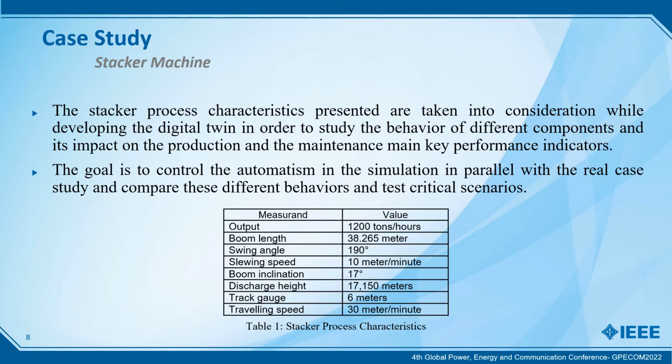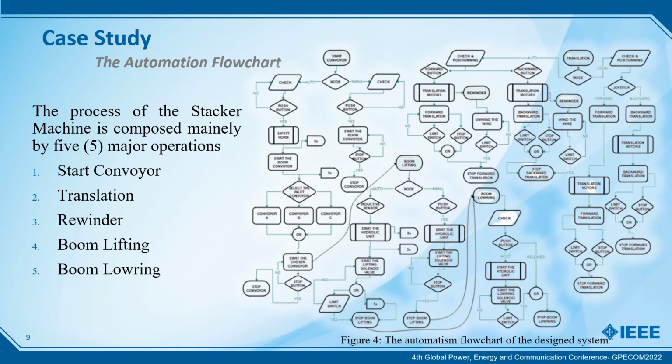The goal is to control the automatism in the simulation in parallel with the real case study, compare these different behaviors, and test critical scenarios. Thus, the process of the stacker machine is composed mainly of 5 major operations, which are: start conveyor, translation, rewinder, boom lifting, and boom lowering.